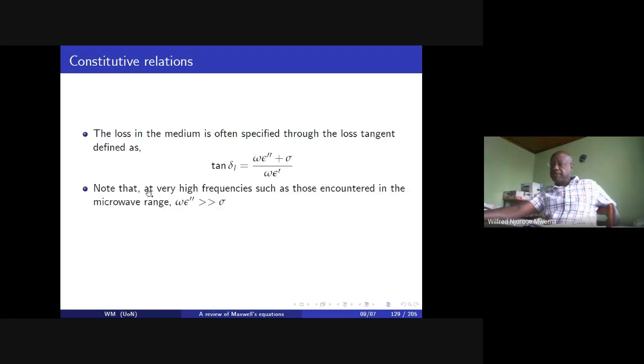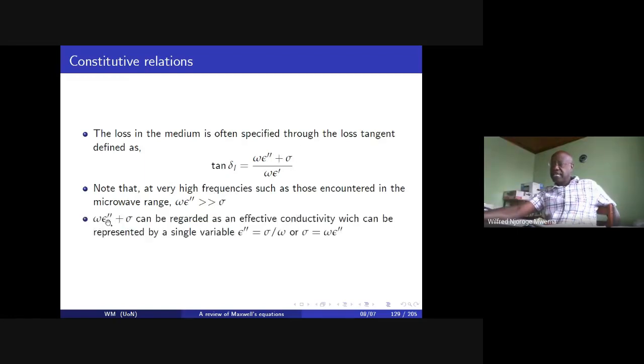And note that at very high frequencies, especially those encountered in microwave ranges, that is 10 to the 9 hertz, omega epsilon double prime may be much larger than sigma. And in such cases, we can always take omega multiplied by epsilon double prime plus sigma as an effective conductivity, which can be represented by a single parameter epsilon double prime equal to sigma over omega, or sigma equal to omega epsilon double prime.